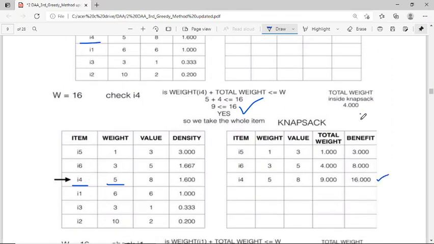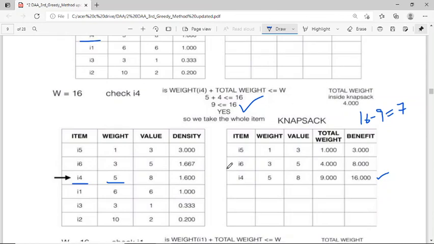Now 16 minus 9 equals 7. Okay, answer is 7. That is 7 kg remaining in our bag.